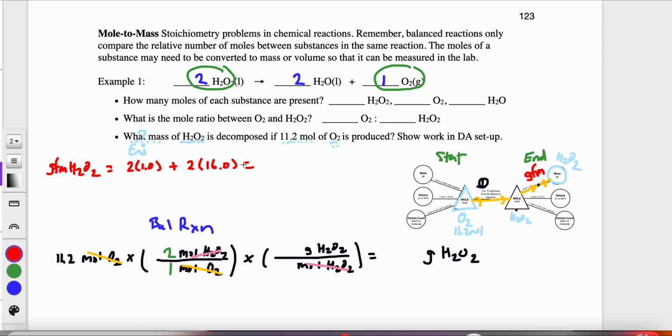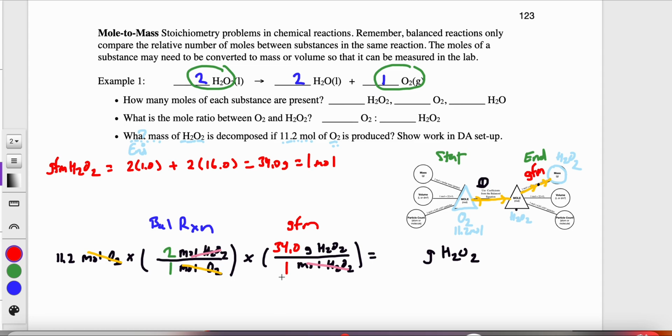So the GFM of H2O2 is 34.0 grams. So every 34.0 grams of H2O2 equals 1 mole of H2O2. So here I need to use the GFM relationship. So 34.0 grams of H2O2 equates to 1 mole of H2O2.